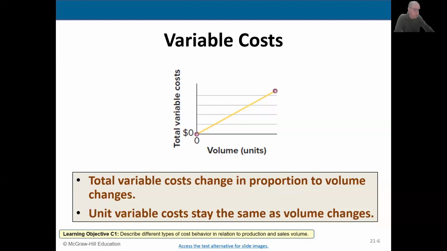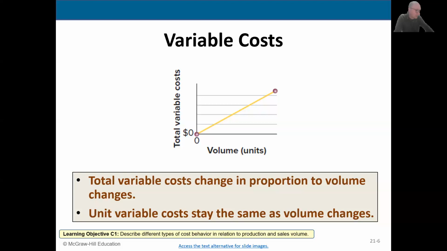We have a total direct material cost of $200 when we make 10 units, $400 when we make 20 units, etc. Therefore, you can see that the total variable cost increases with the increased amount of production. However, the per unit variable cost stays the same.